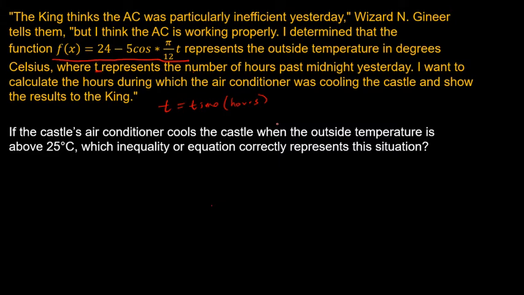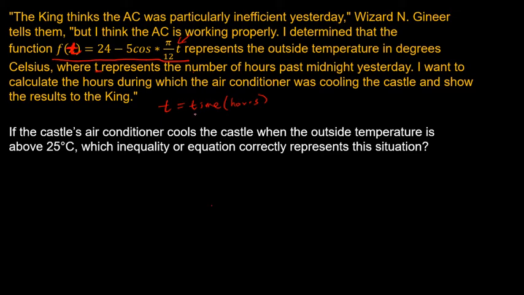Now, notice that this is written f of x. Really, that should be f of t. That was just a typo. We're using the variable t because t is just a standard variable letter to use when we're talking about time. So it really should be f of t equals 24 minus 5 cosine pi over 12t.